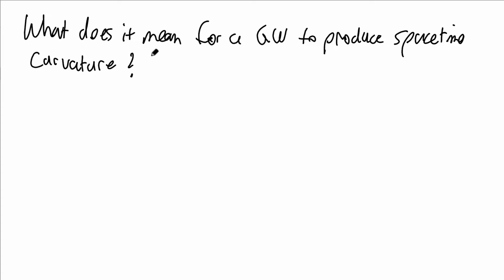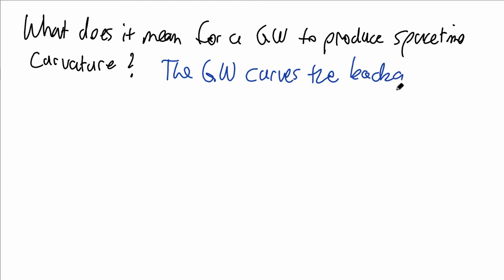The answer is that the gravitational wave causes the background to become curved, so the background is no longer flat. So we see that in order to account for the energy in a gravitational wave, we must allow for the background to become curved.